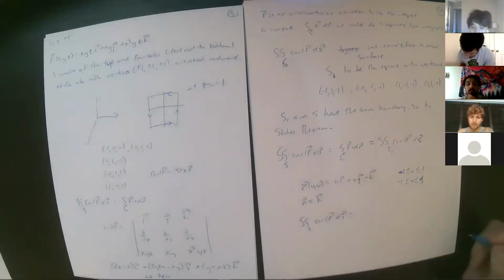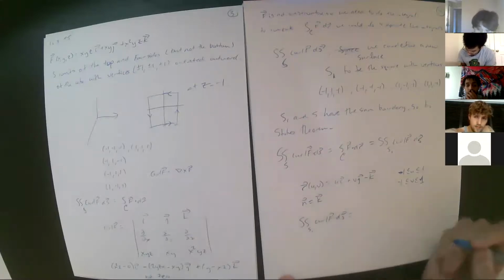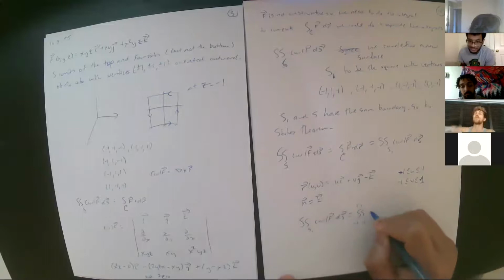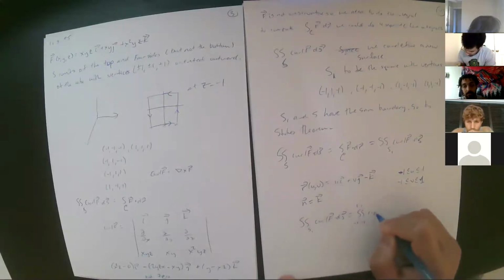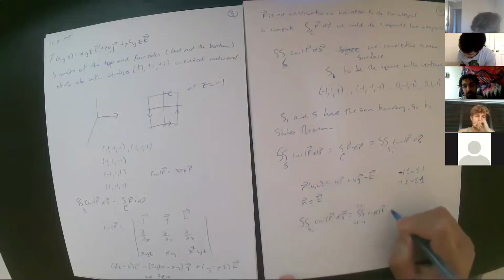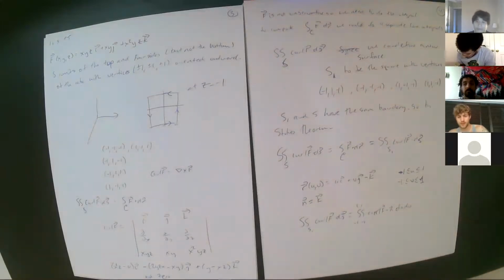How do we compute the surface integral of a curl of a vector field? It's just the curl of f dot the normal vector, and then du dv.